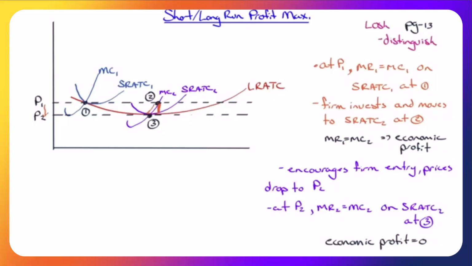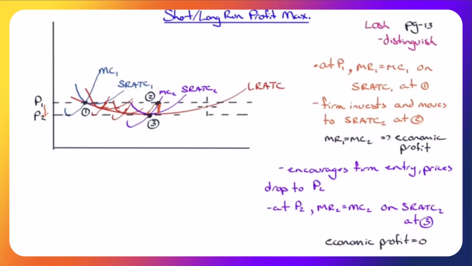So we can see that if we start off on SRATC1, and let's assume that there were multiple steps on the way to SRATC2, every time we draw out a new curve and a new marginal curve, pressure comes in to push the price down to here, we decide to invest again, there's our marginal cost curve, we're now intersecting up here, prices, firms enter, push the price back down.